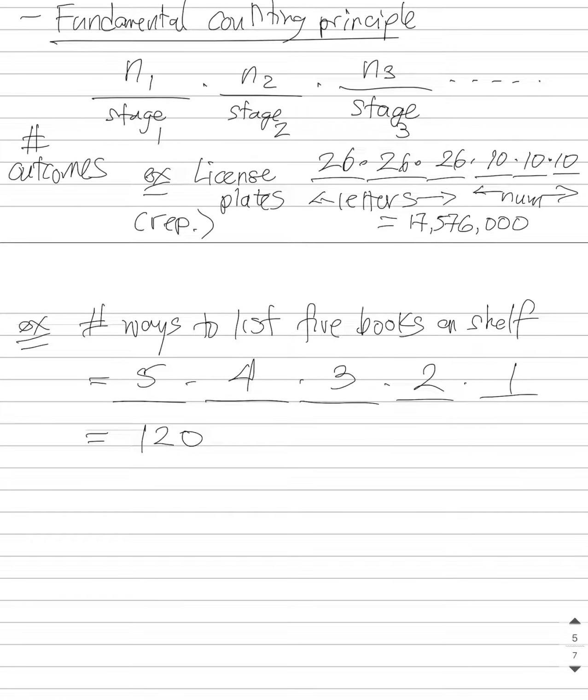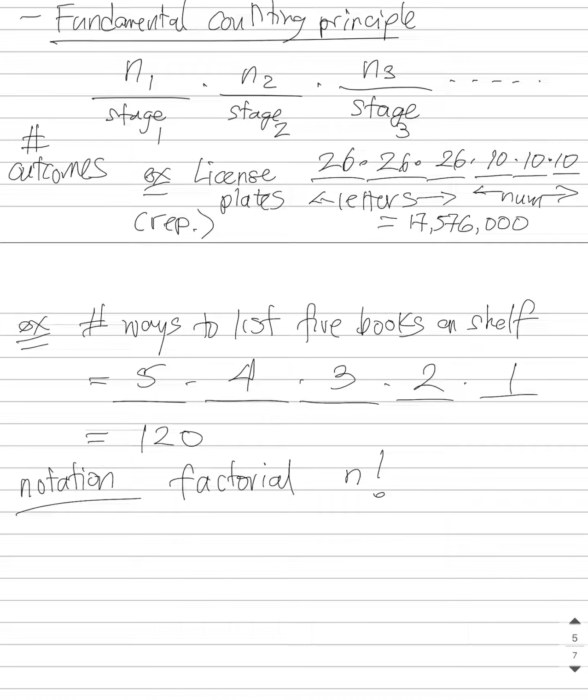Mathematicians have invented a new notation, and it's called factorial. Rather than sit and write 5 times 4 times 3 times 2 times 1, they've come up with this notation.